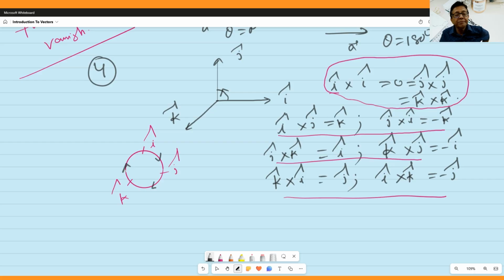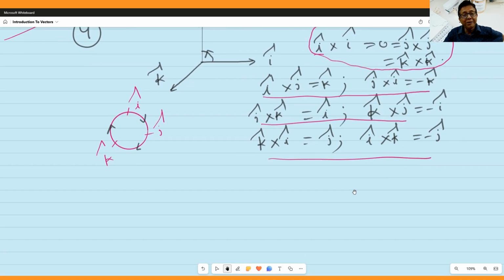If you are taking I cross J, the result will be K. The next one, J cross K, result will be I. K cross I, result will be J. But if you have taken the opposite manner, J cross I, not along the direction of arrow, so it will be minus K. Clear? This way you can remember. If this cyclic order is maintained, then the cross product between any two consecutive ones will be equal to the next one. Clear? Hope you have understood.